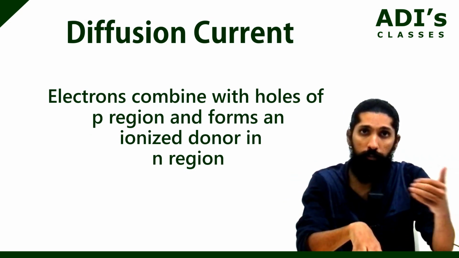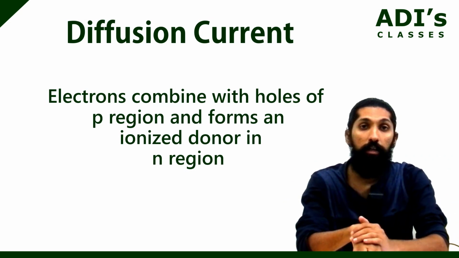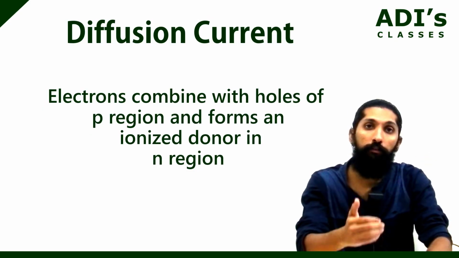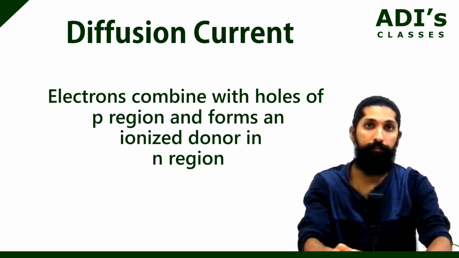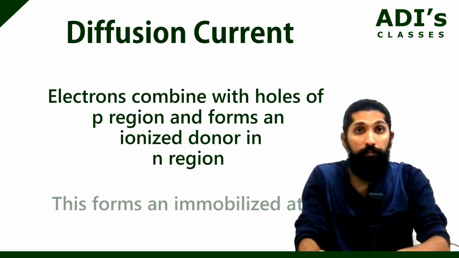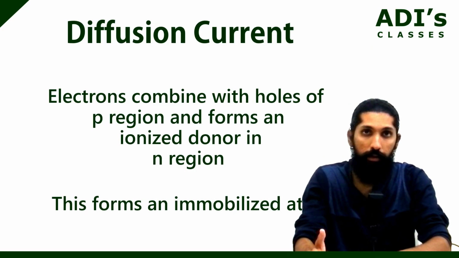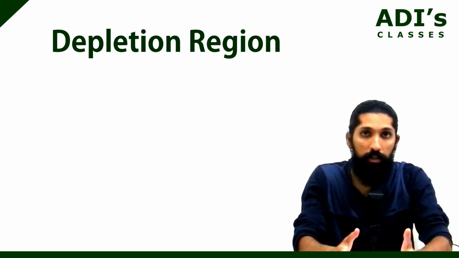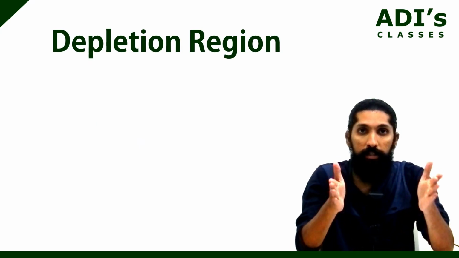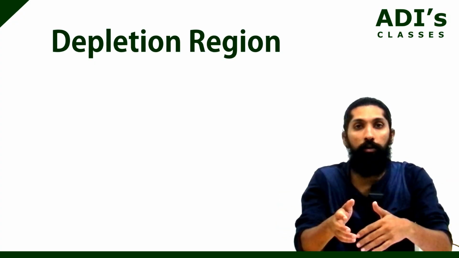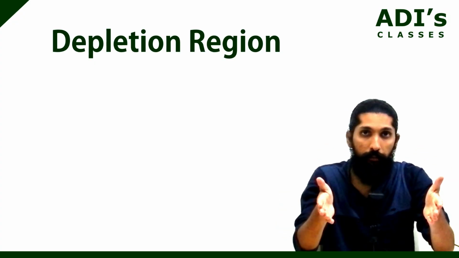And as the holes move towards the N side, then what's going to happen? In the P side, we are going to have negatively charged atoms. And these atoms, they do not move. They are immobilized atoms. Now, this causes a kind of no man's land, like a barrier. Electrons cannot move, holes cannot move. It forms like a barrier.